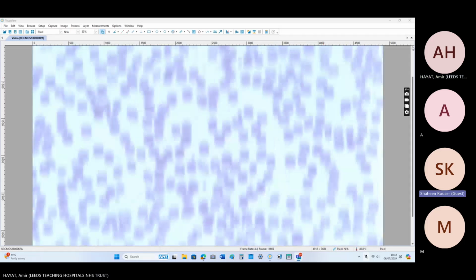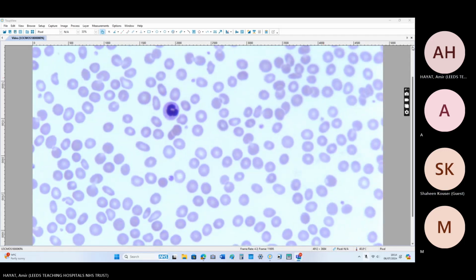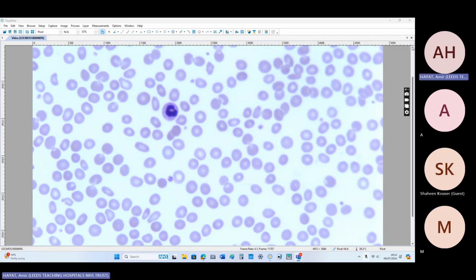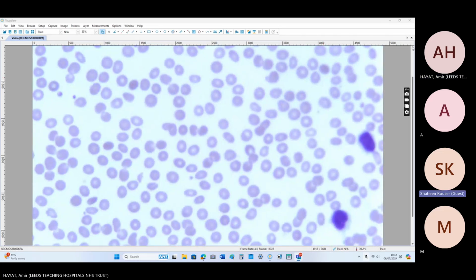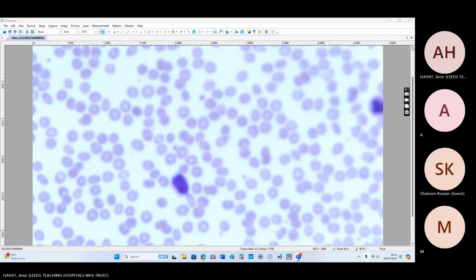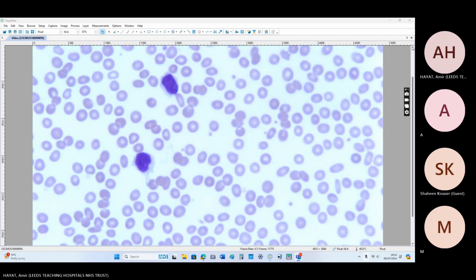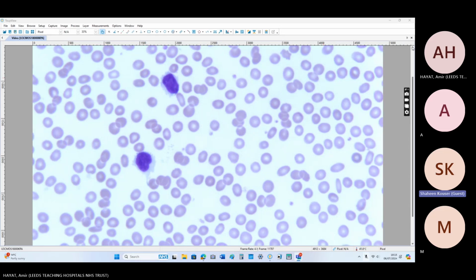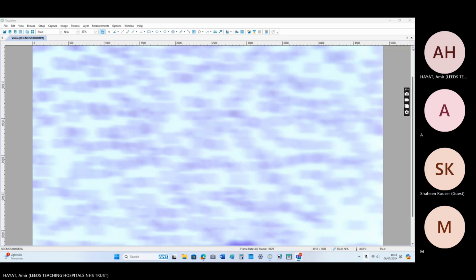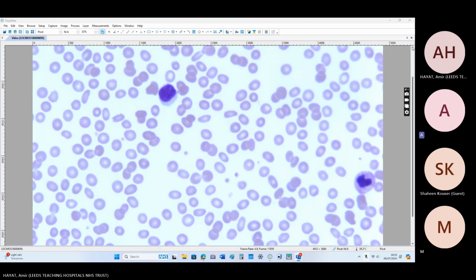Let's see some more. Does the patient have a spleen, or just the lymph nodes?